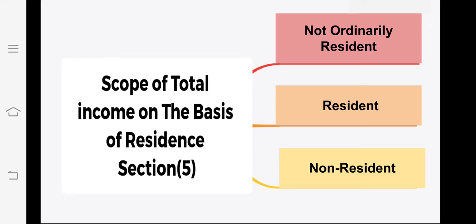In other words, if he stays in India for a period of 365 days or more during the 4 years immediately preceding the previous year, then as per Section 6 sub-section 6 of the Income Tax Act 1961, an individual will be treated as a resident and ordinary resident also if he stays in India for a period of 730 days or more during the 7 years preceding the previous year, and if he stays in India for at least 2 out of the 10 previous financial years preceding the previous year.